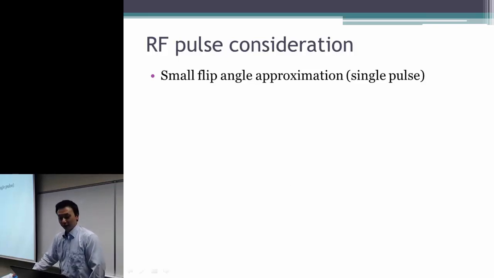When we design the RF pulse, we need to have several considerations. The first thing is that the Bloch equations work fine for the small flip angle approximation. But if the flip angle goes higher, the error in the result calculated from the Bloch equation becomes stronger.